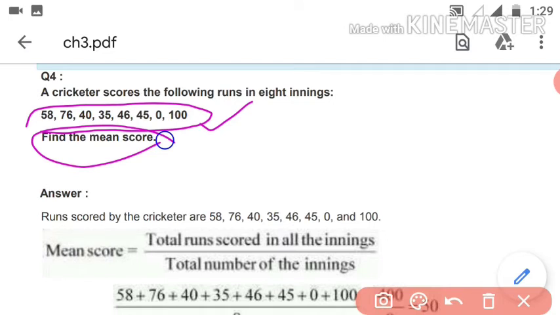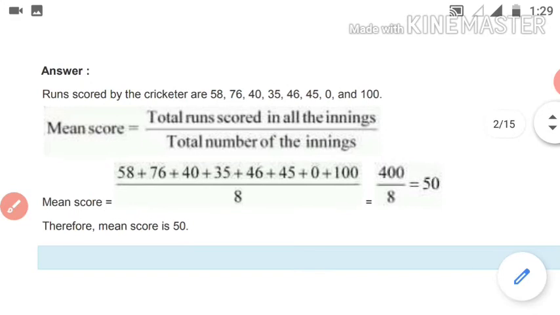So we have to find the mean score, and we know the mean formula, isn't it? The runs scored by the cricketer are given here. And we know the formula, isn't it?